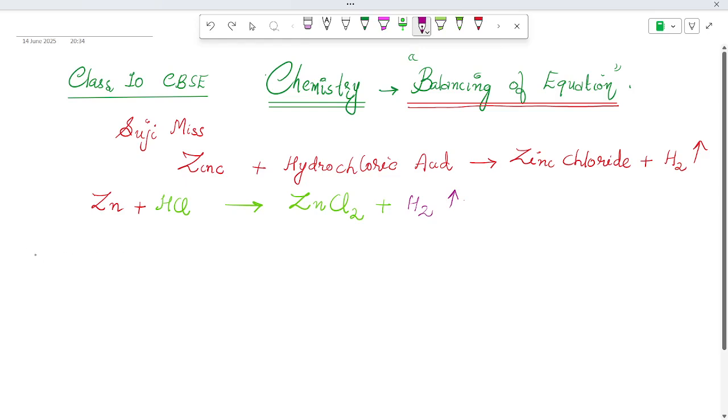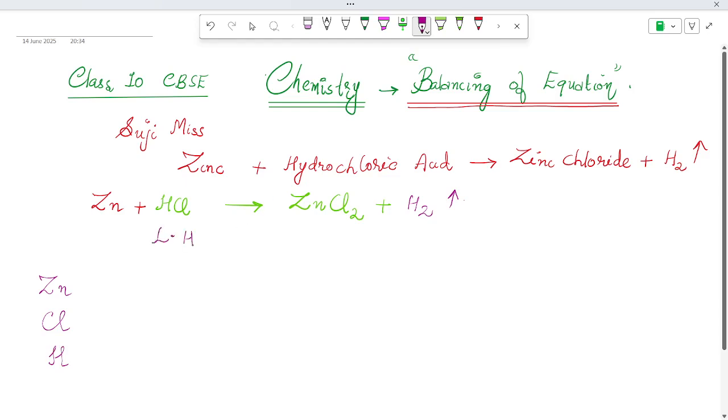No. Let's see. So here what you should do is, first you need to list down the elements present in this chemical reaction. Okay. So first you have to write down the metal that is present there, then any non-metal other than hydrogen and oxygen, and then last you have to write down the hydrogen.